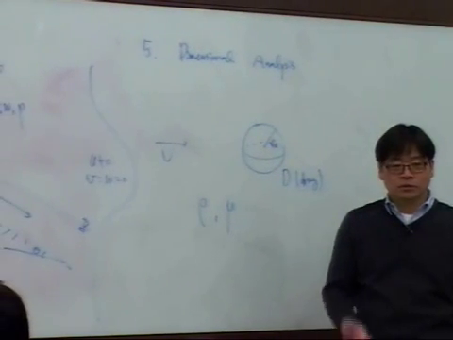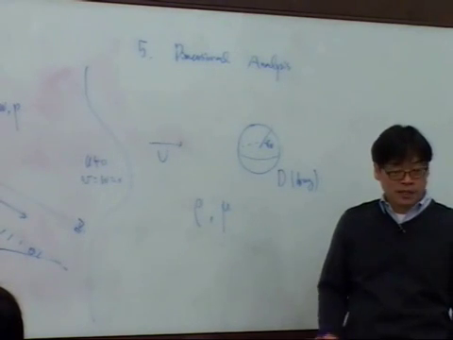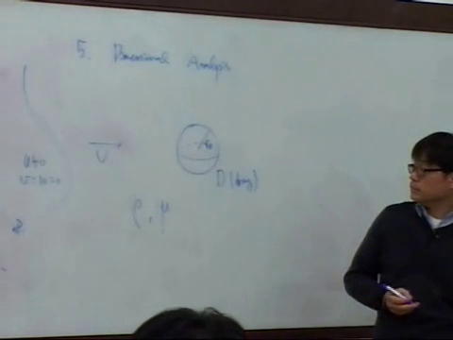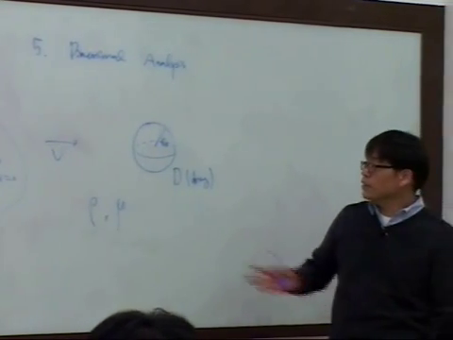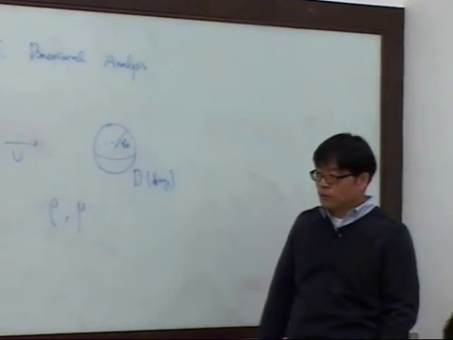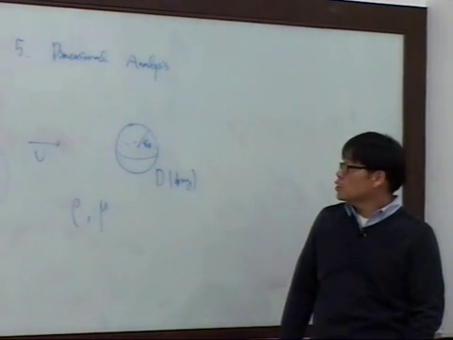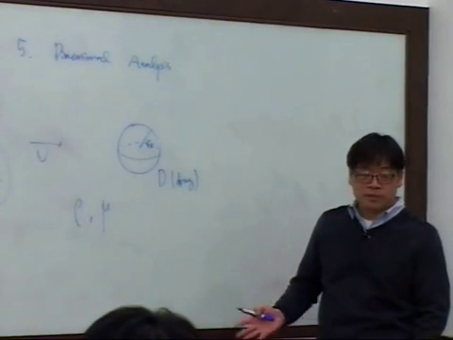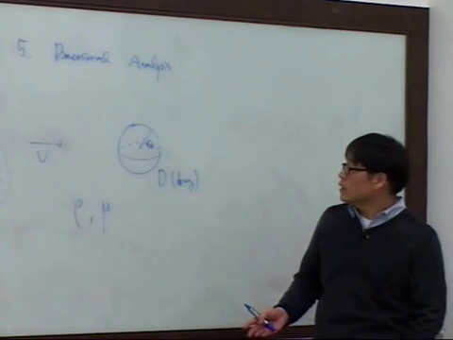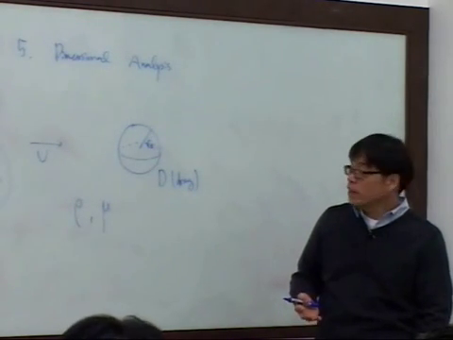So you might think, oh, why don't we solve the Navier-Stokes equations? But as I said, we cannot do it because even this simple problem is too complicated for you to solve with the Navier-Stokes equations. So then you have to do experiments, for example, and then you have to make a sphere and everything.